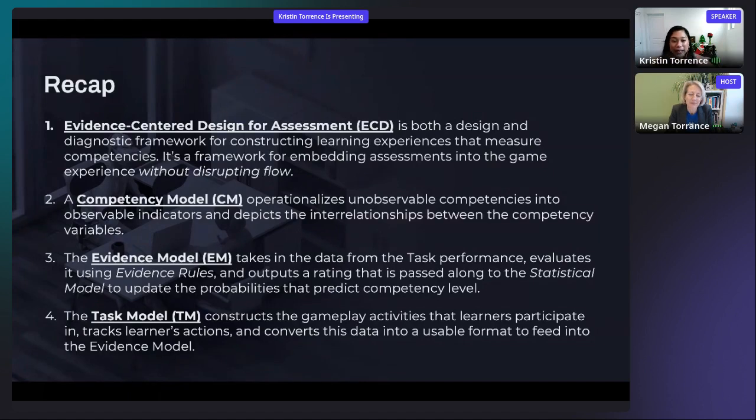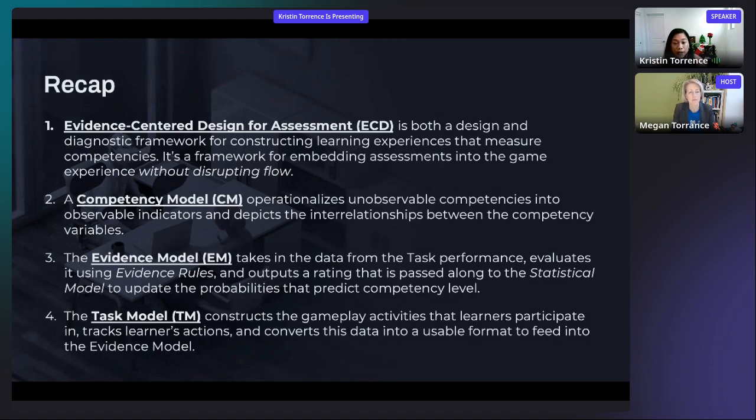Absolutely. So just as a quick recap, evidence-centered design for assessment is a framework for embedding assessments into gameplay without disrupting flow. And it's both a diagnostic framework and a design framework. And again, this can be applied not only to game-based learning, but immersive learning or e-learning, even things like cognitive tutors. This sort of assessment is really useful.